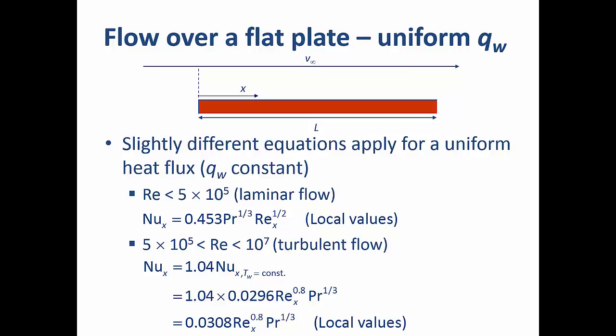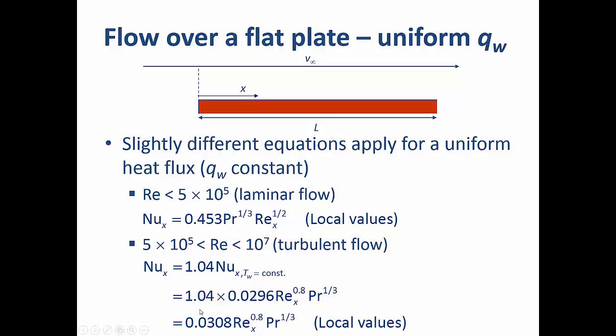If you have flow over a flat plate but there's uniform flux from the plate, then slightly different equations apply. You'll see that the form looks relatively similar, but for example now in the laminar flow condition, the Nusselt number equals 0.453 times the Prandtl number to a third times the local Reynolds number to a power of a half, and that's a change from 0.332.